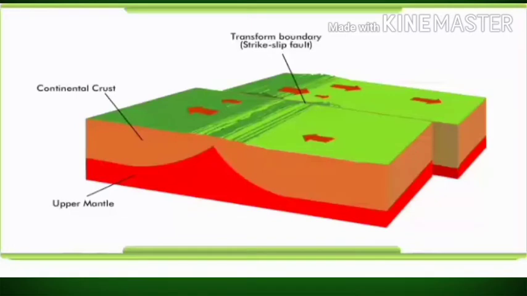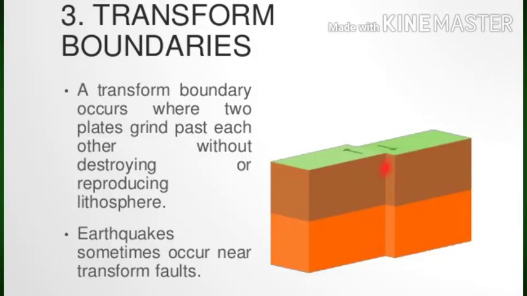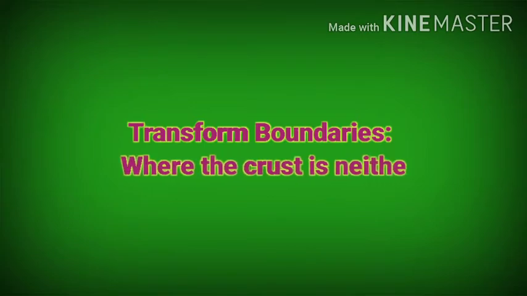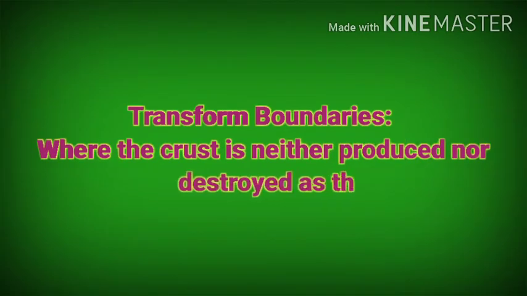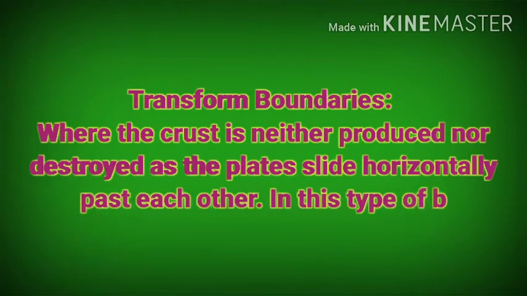The third type of plate boundary is transform boundaries. A transform fault or transform boundary, which is also known as a conservative plate boundary, since these faults neither create nor destroy lithosphere. It is a type of fault whose relative motion is predominantly horizontal, in either a sinistral, meaning left lateral, or dextral, meaning right lateral direction.